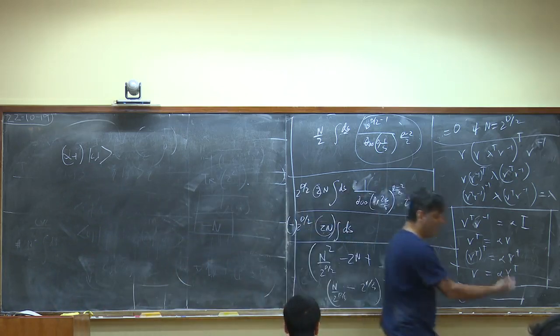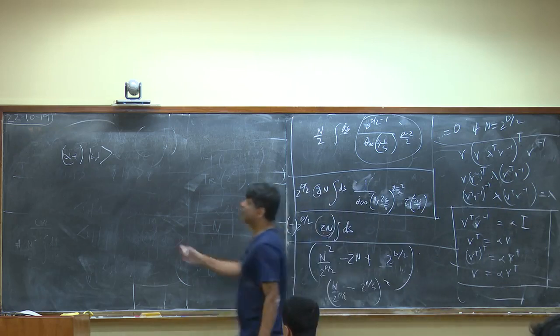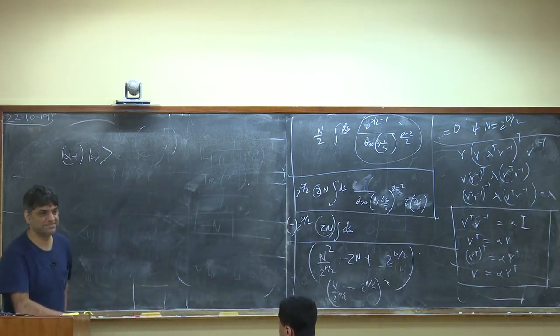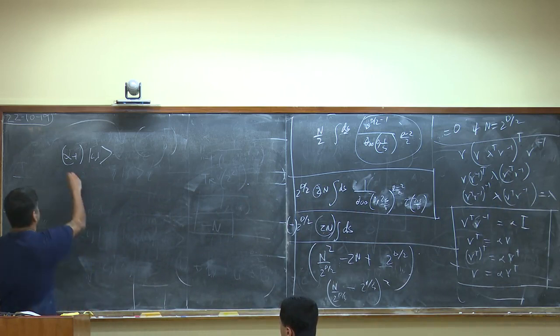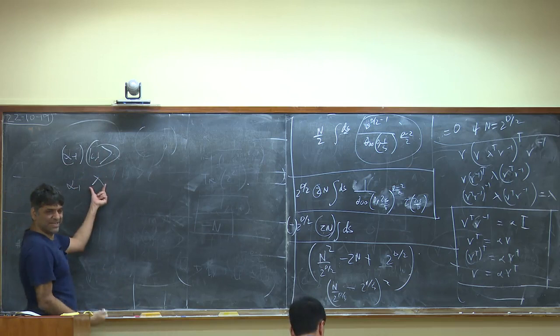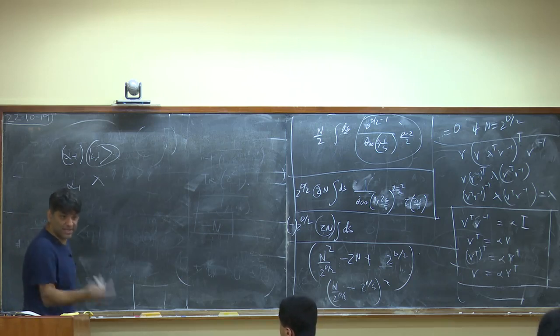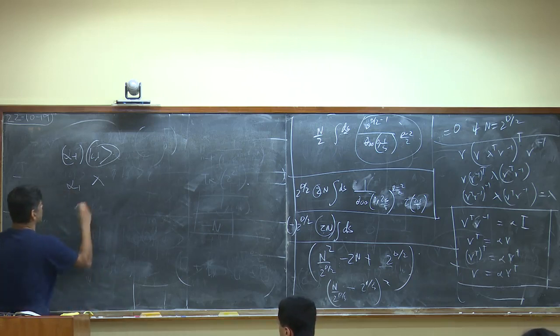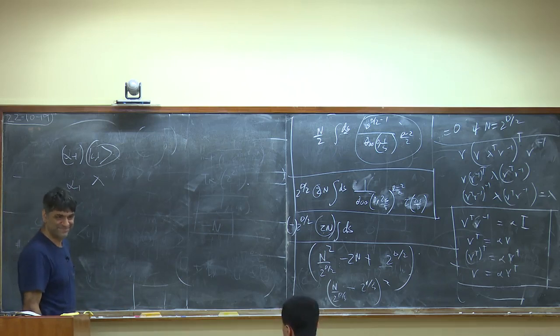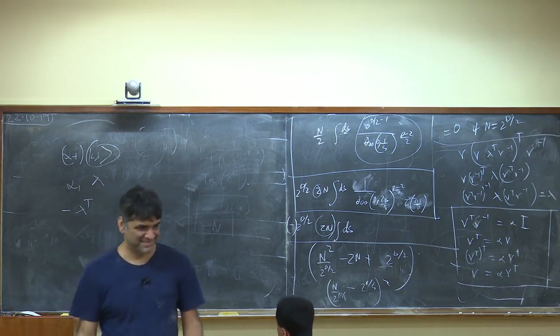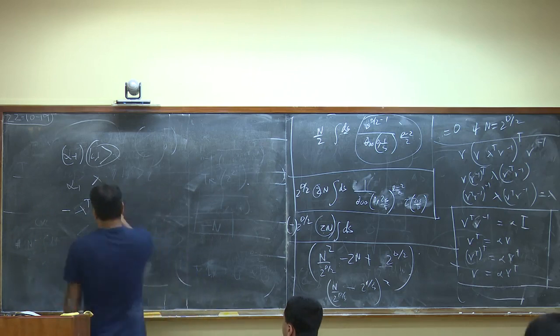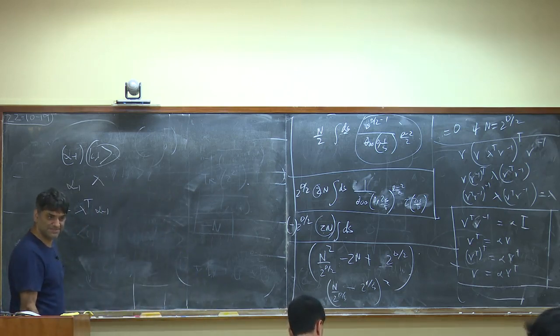But now let's look at what happens under orientation preservation. Suppose I have alpha to the power minus 1 with some ij that I'm denoting by lambda. Under the orientation operation, the parity operation, this state goes to minus itself times lambda transpose, so minus alpha minus 1 times lambda transpose.